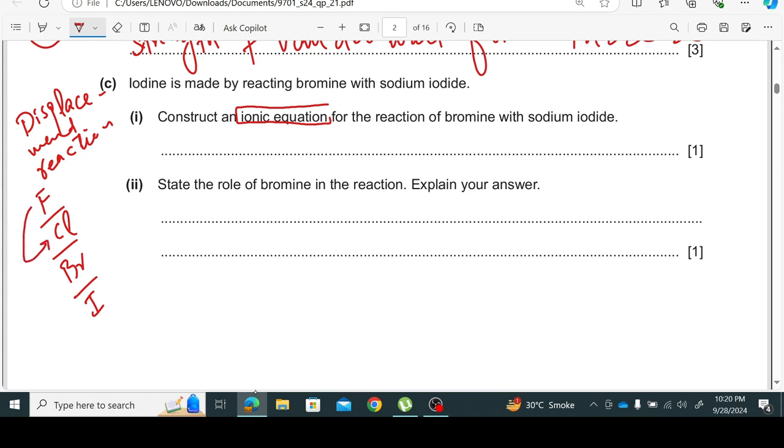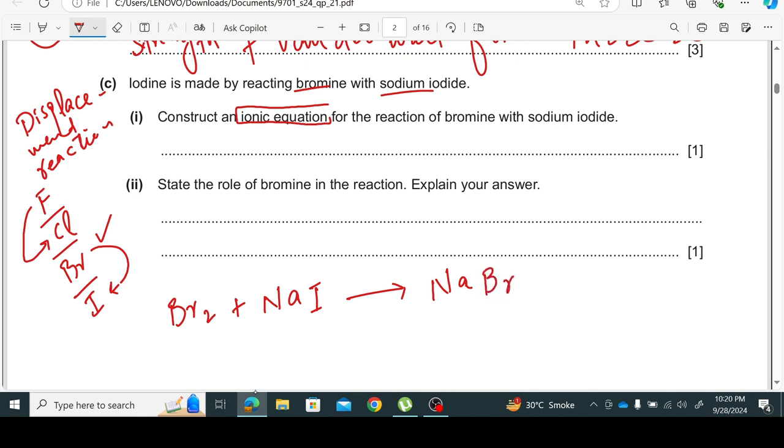For example, Br2 reacts with sodium iodide, NaI. Bromine is above iodine, so bromine displaces iodine and becomes sodium bromide, NaBr. So you will get iodine.